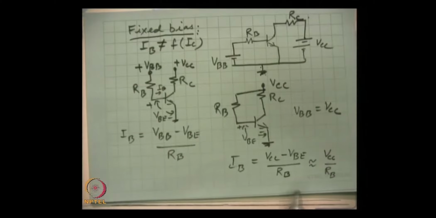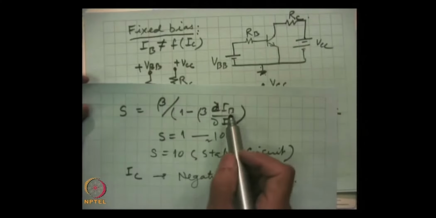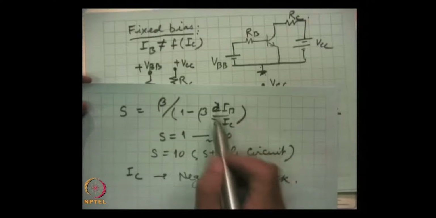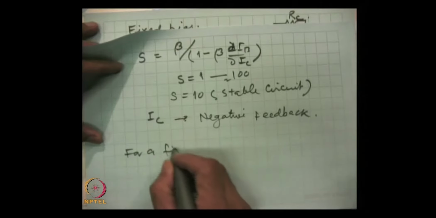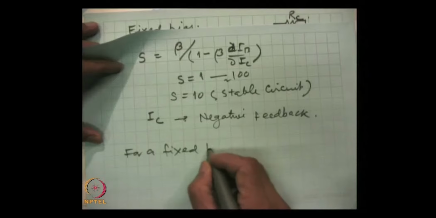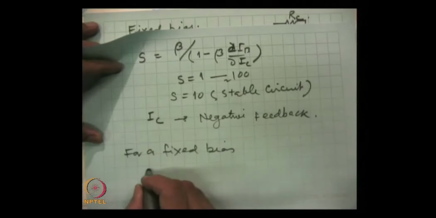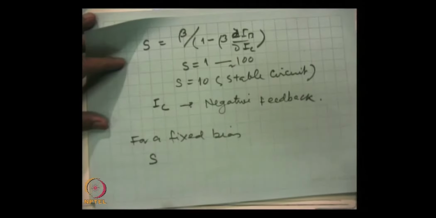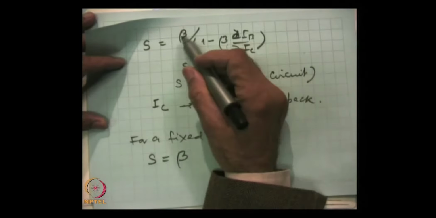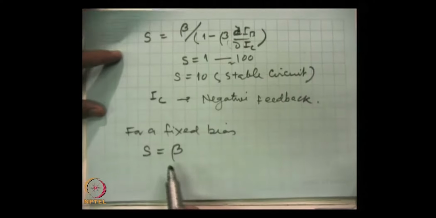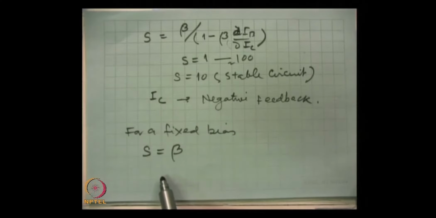And so, this variation term is 0. So, if we put this in as 0 for a fixed bias, the stability factor is equal to beta. If this is 0, then S is equal to beta, and beta is high.